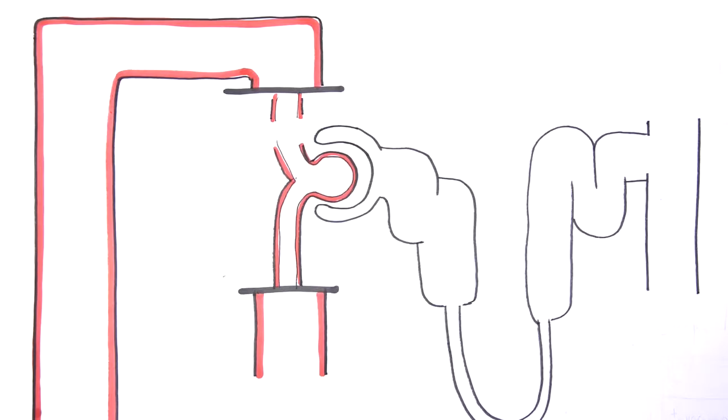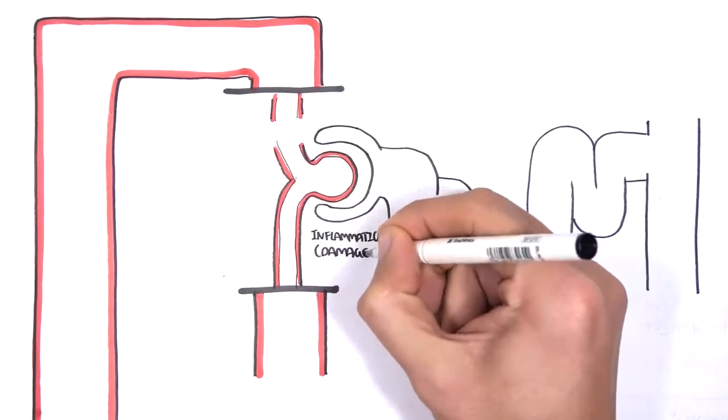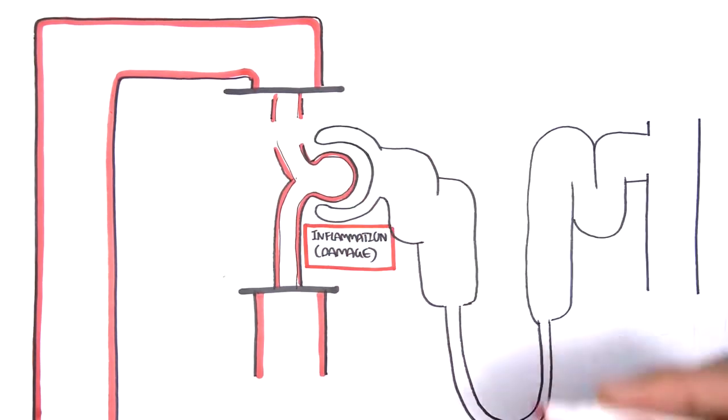In nephrotic syndrome, for many reasons, which won't be discussed in detail here, there is inflammation and damage to the glomerulus. This inflammation and damage can be from immune cells, antibodies, complement proteins, immune complexes, hypertension, and sclerosis.